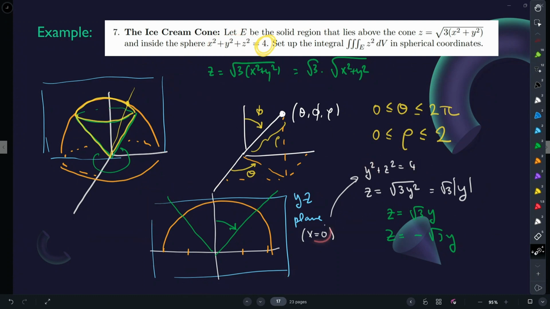So in that plane, the plane x equals 0, if you simplify the equation of the sphere with x equals 0, you get a circle, y squared plus z squared equals 4. This equation with x equals 0, I get this equation, which is the square root of 3 times the absolute value of y. So now these are two different lines, and I took that one to see how open the cone was. Sounds good? All right. Any other problem that you want me to work through?